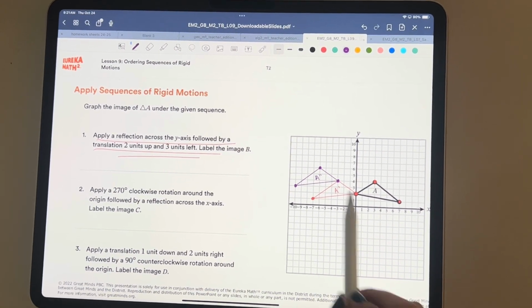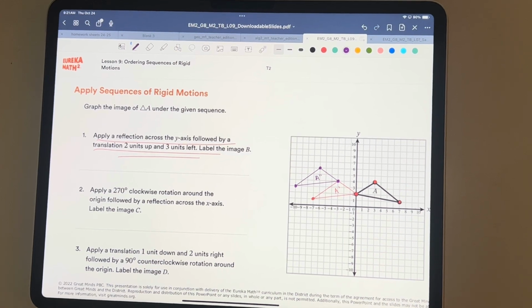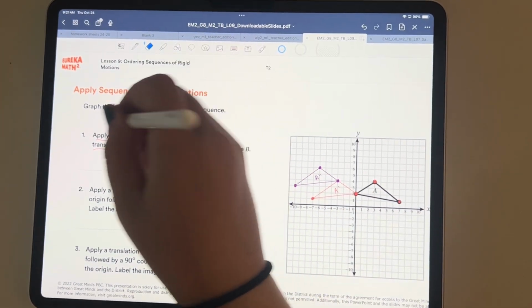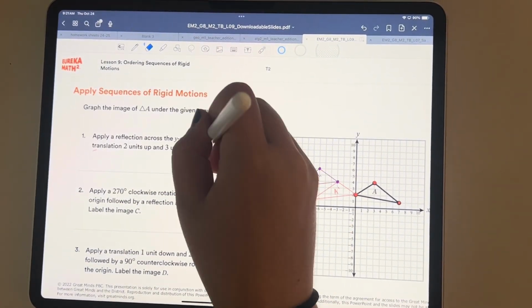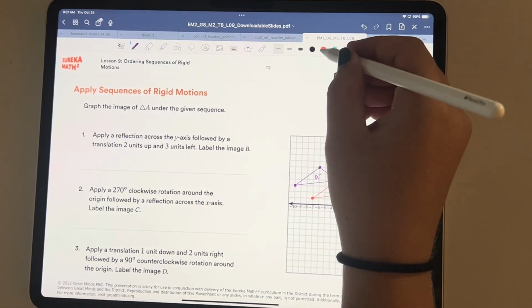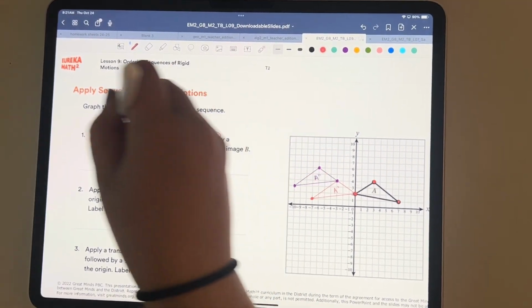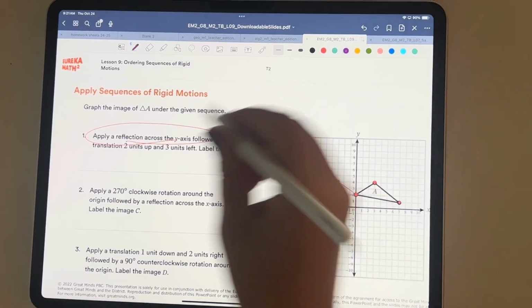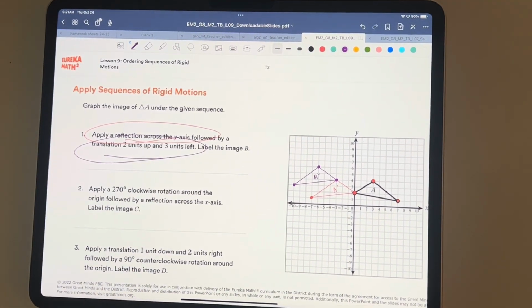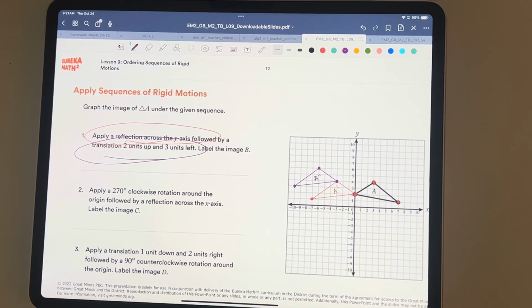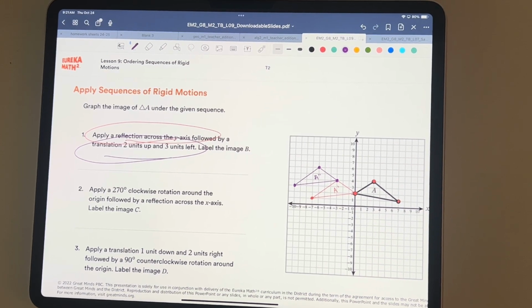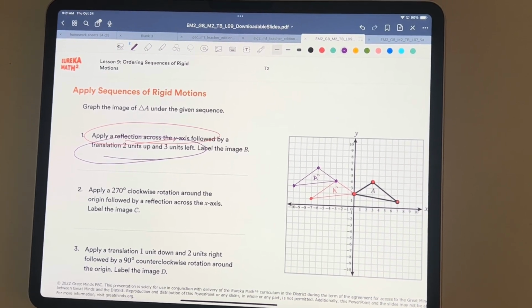So reflection is the red and translation is the purple. Does that make sense? We ended up with 2 new triangles.